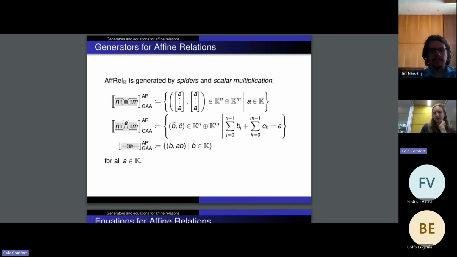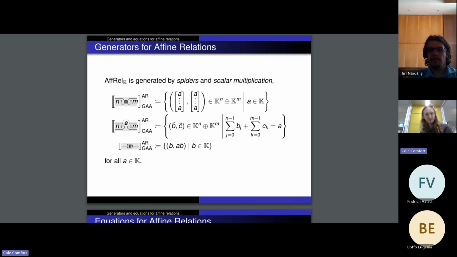And in the literature already, there are generators and relations in terms of string diagrams for this category. So the basic idea is you have this gray spider which can have m many legs on the input and n many legs on the output. And what this does is it just compares all of the elements of the n-dimensional vectors and requires that they're the same.